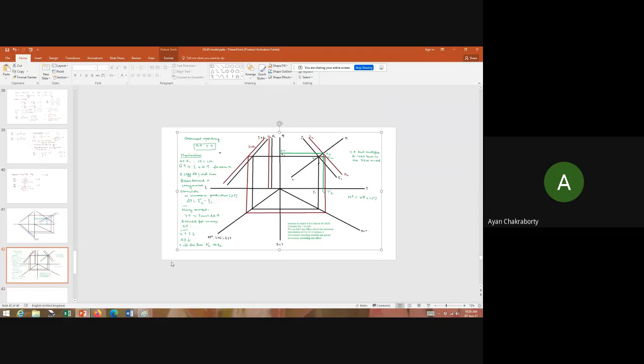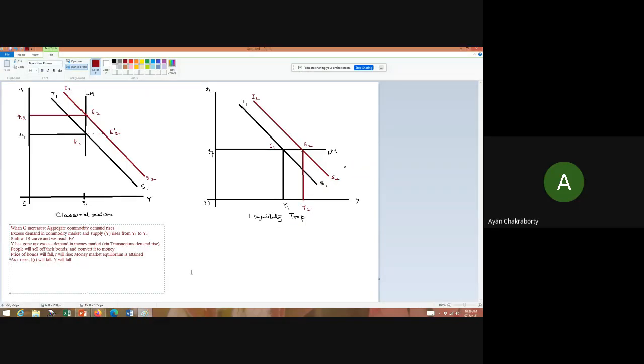Sir, but here in the classical case, the money demand is insensitive to the change in interest rate. So why will people still try to convert it into money? Sir, unless Y changes, the money market will never reach its equilibrium, even if R changes. No, see, people want to see why has excess demand changed?